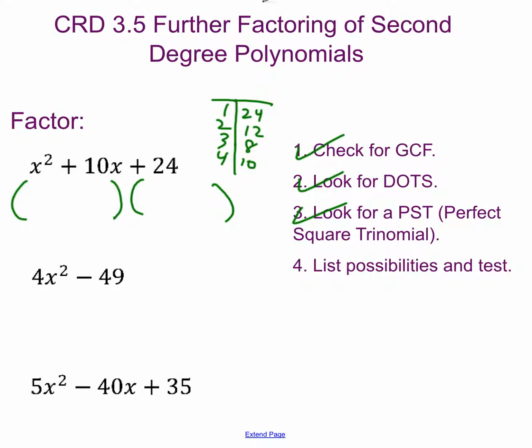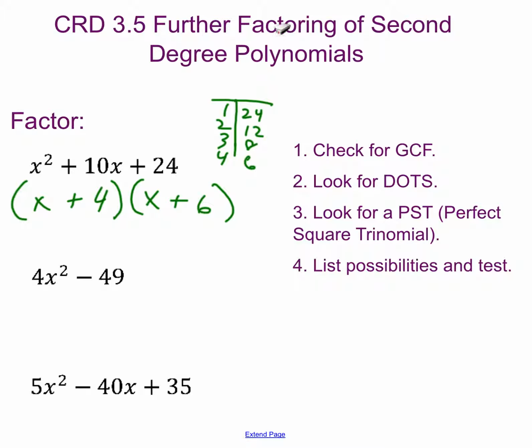And actually I messed up because it should be 4 and 6, and so I'll recopy that, and that actually is my answer. X plus 4 and x plus 6. Those will give me a middle term of 10x and a last term of 24. Okay, done.